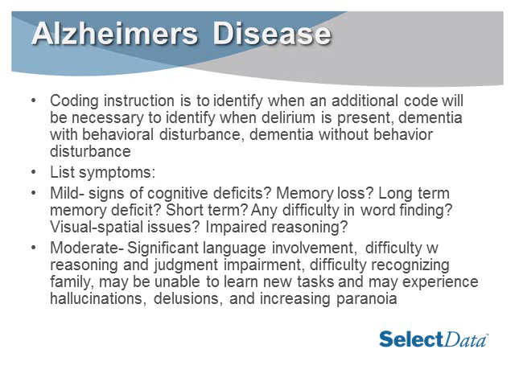We also see patients with Alzheimer's. And we need to know that when we're coding instruction, we're going to have to identify when an additional code will be necessary to identify when delirium is present, dementia with behavioral disturbance, or dementia without behavioral disturbance. So we're going to need to know the symptoms.